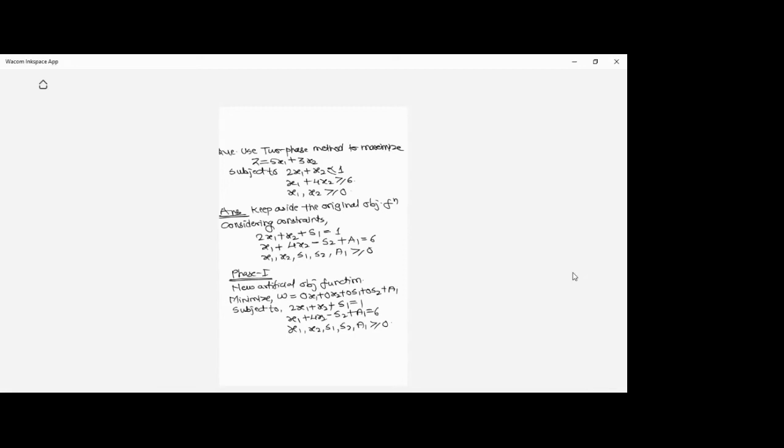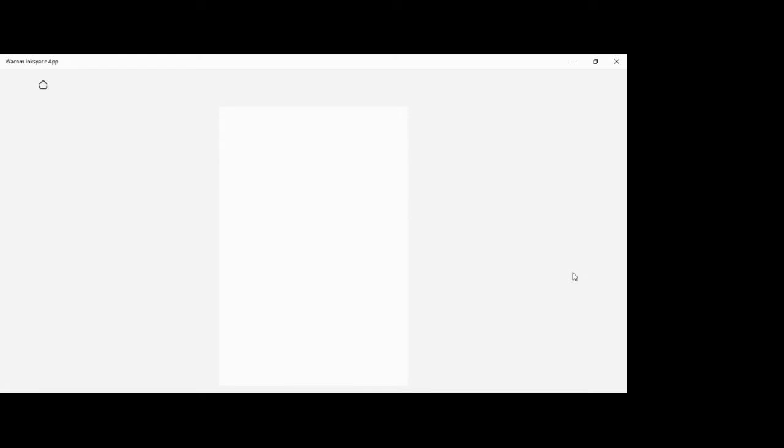So let's draw the table and now fill these constraints in our table. Just a minute. Right, so we have CB, we have CJ, basic variables, we have x1, x2, s1, s2, a1, and solution.